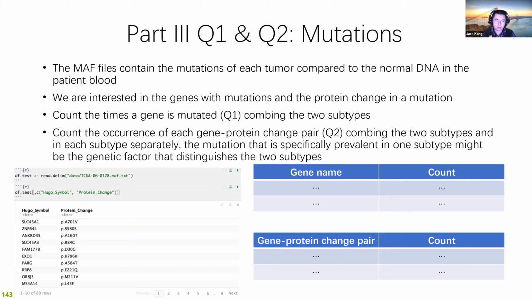So say you see a gene protein change pair A that happens when counting the two subtypes as a whole, say like 20 times, and you see that these 20 times actually all come from subtype 1, and this particular mutation may be the driving factor for subtype 1.